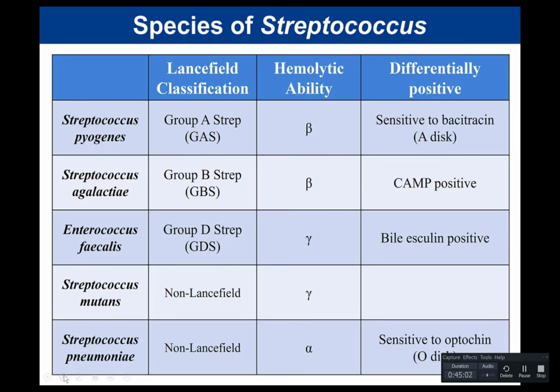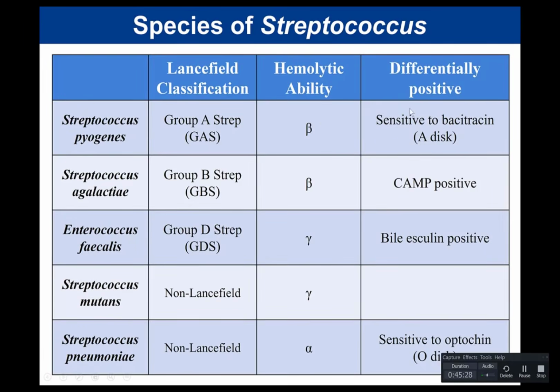So this slide is just summarizing your 5 unknown Streptococcus species. Put a star next to this, either this table or the next diagram. You must know this. You must know this. You must know this. So strep pyogenes, you want to know its Lancefield classification. That's group A strep. You need to know that it is beta hemolytic.